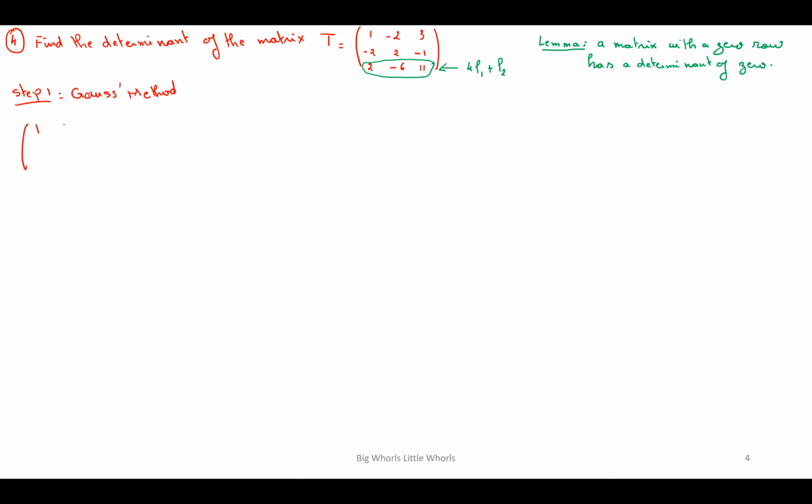So we have 1, minus 2, 3, minus 2, 2, minus 1, 2, minus 6, 11. So we have 2 times row 1 plus row 2: here we will have 0, minus 2, here we'll have 5.